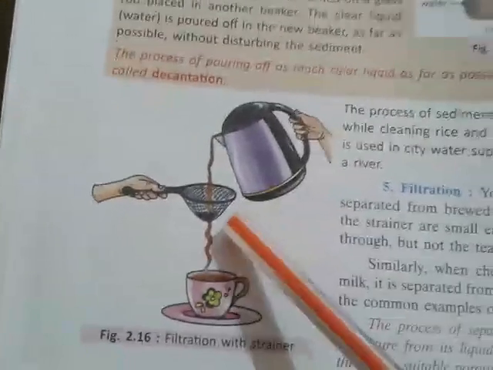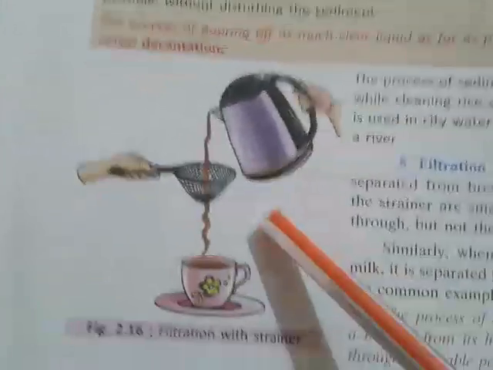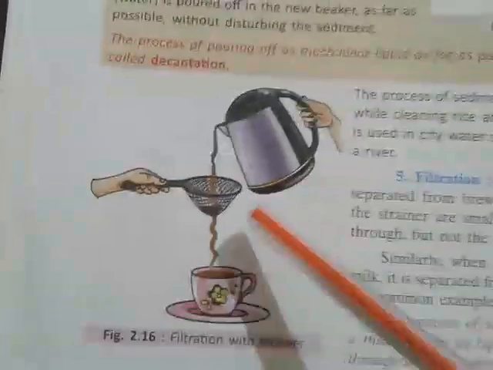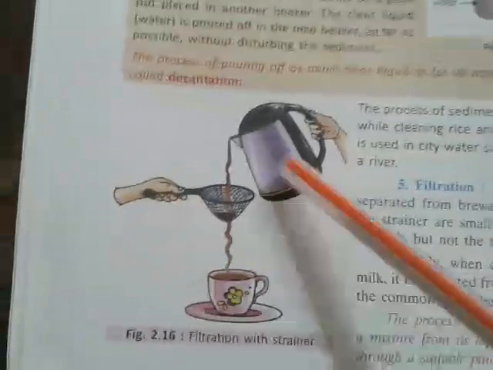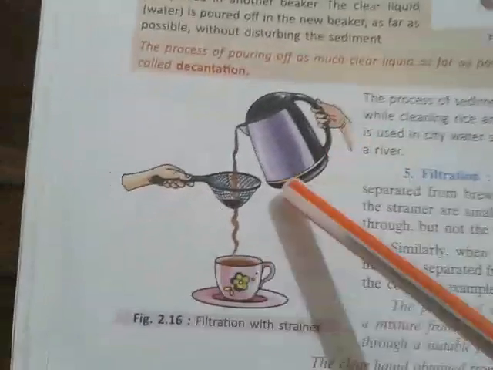This type of technique, or the concept of this technique, is also used in the laboratory. Suppose you have sand and water. Again you have two available processes there, one is decantation and another is filtration.